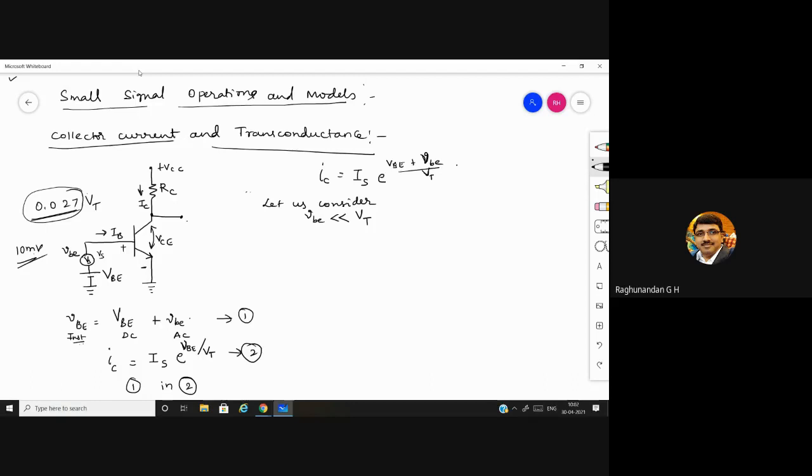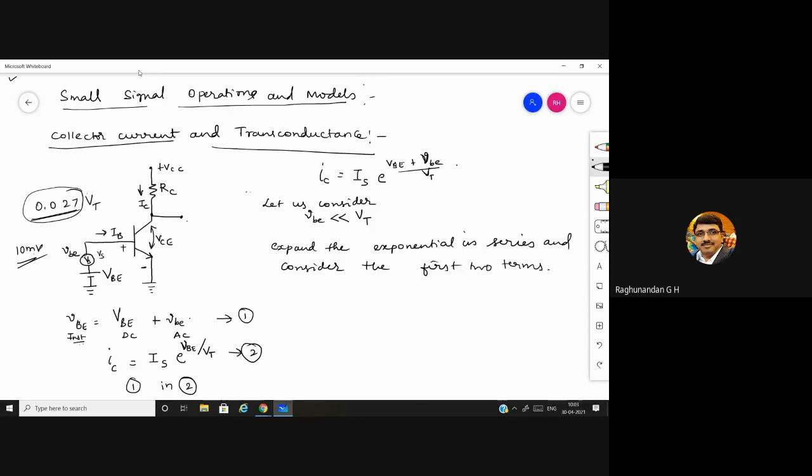We expand the exponential in series and consider only the first two terms.